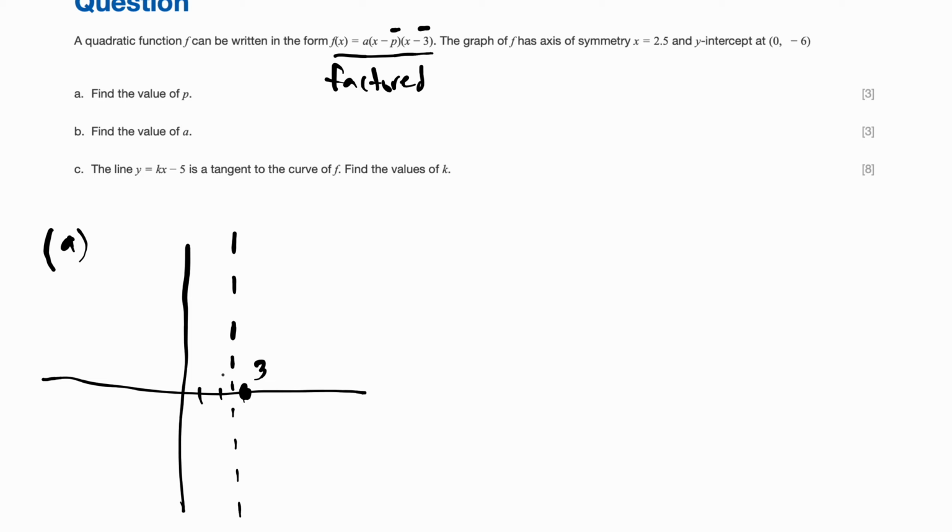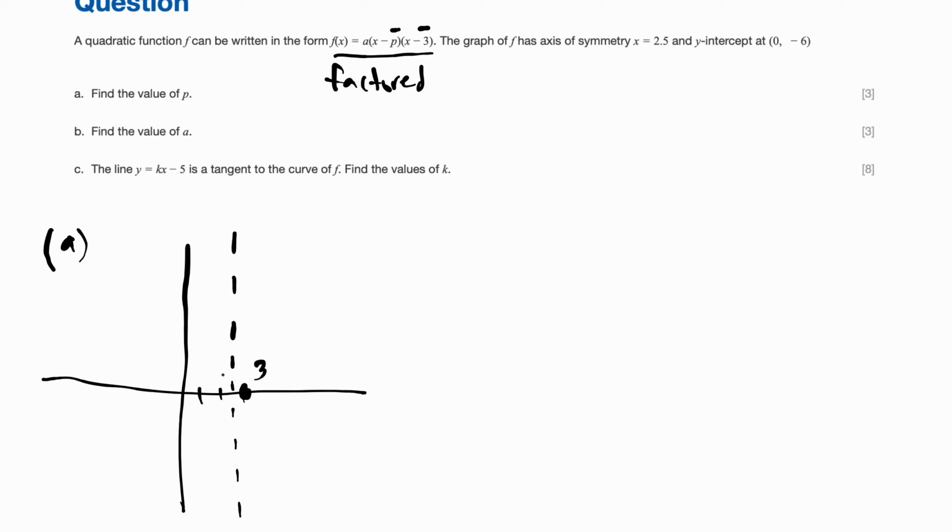So the other x-intercept is at a difference of negative 0.5, so the other x-intercept is 2. One x-intercept is 3, the other x-intercept is 2. We know the x-intercept belongs within the bracket, and as 3 takes up the second bracket, you know that 2 is equal to p, so p is equal to 2.